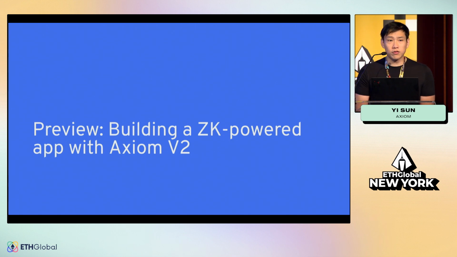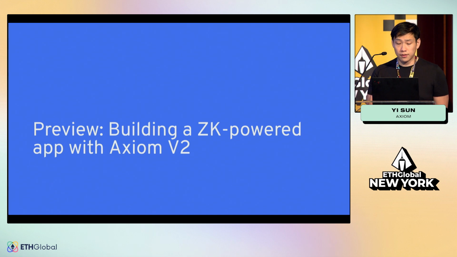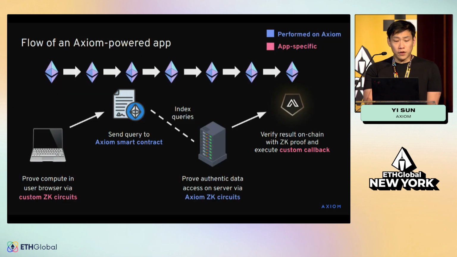So let me talk through how you'd actually use this in your application. The flow of an application that uses Axiom to access historic data goes as follows. First, we provide a very easy SDK to allow your users to prove computations and request data in your web frontend. Here, we actually provide a client-side ZK prover that your users are going to be running on their laptops.